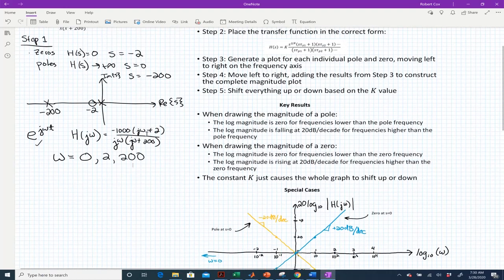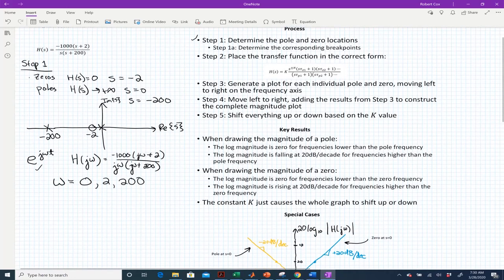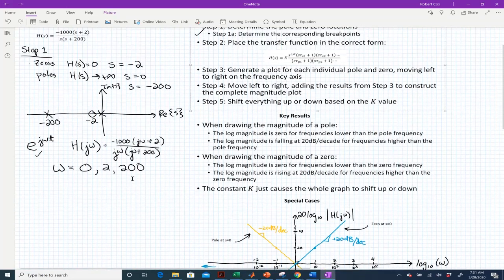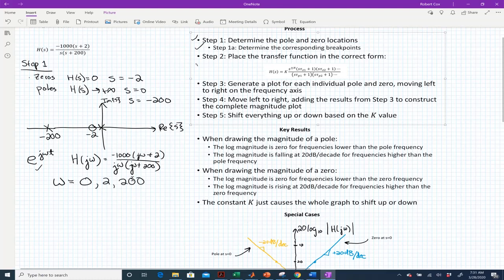I either break such that my plot goes up or goes down at each of these frequencies, and whether I go up or down depends on whether I'm looking at a pole or a zero. Now I know my breakpoint frequencies, so I want to get my transfer function in the correct form, and that takes us to step 2.